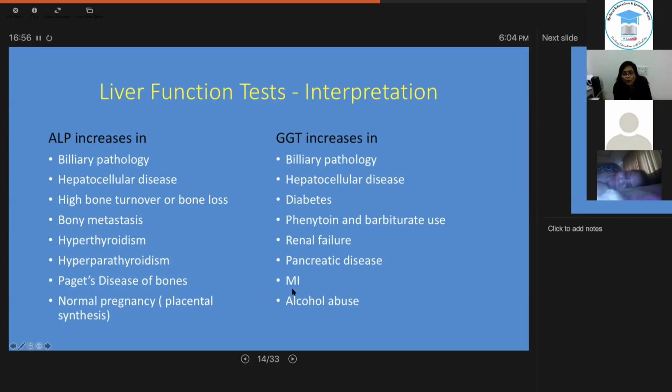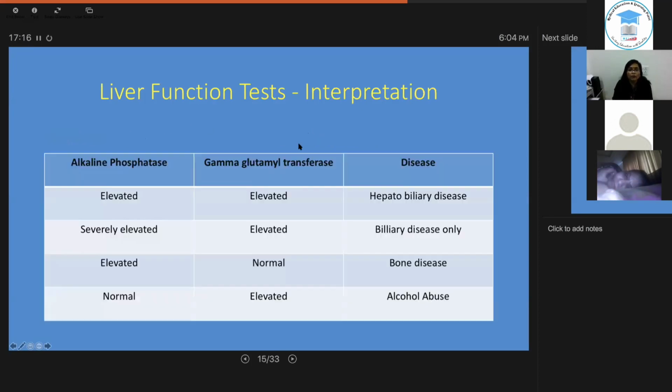One important point which we can see, the alcohol abuse. That is a condition in which by looking at the GGT level, we can say probably the alcohol is the etiology for liver disease. So how can we combine these two tests and tell about the origin of alkaline phosphatase?